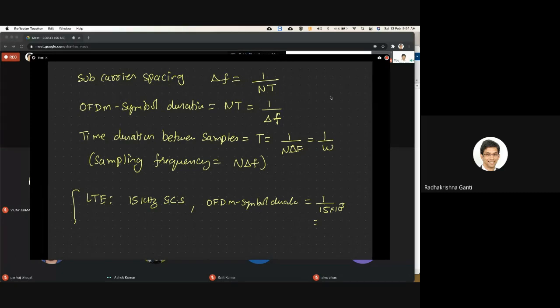Let me do a quick calculator. 0.066 milliseconds, 66.67 microseconds. Approximately 66 microseconds. So in LTE, you have to at least wait 66 microseconds before you decode.